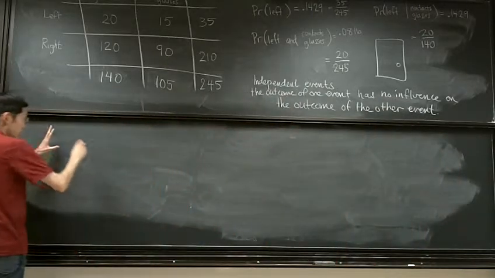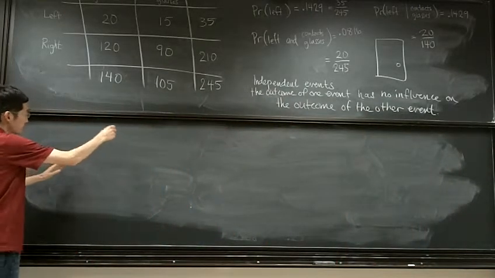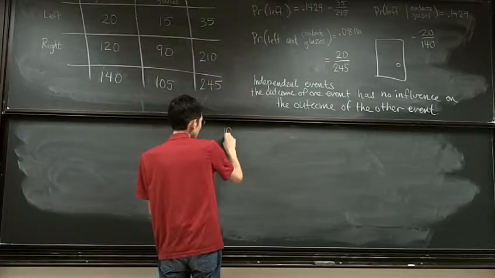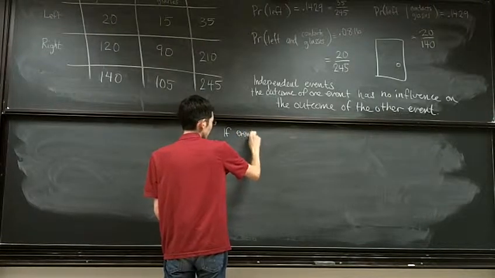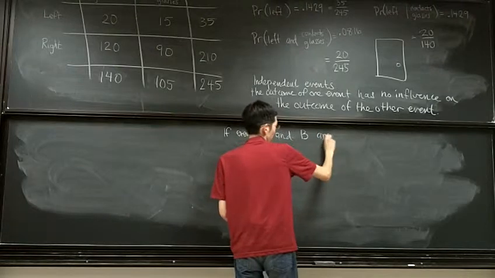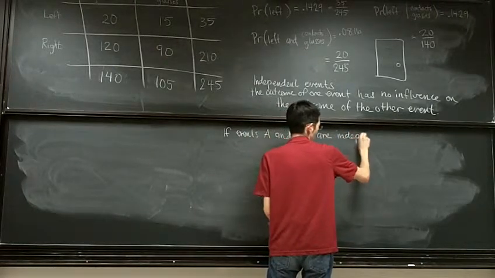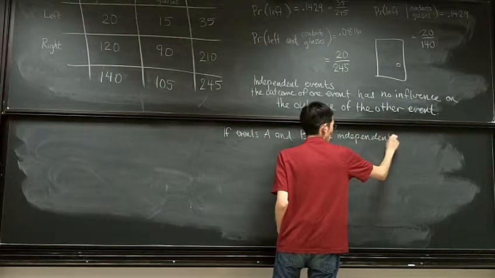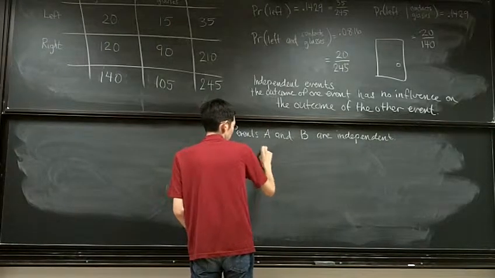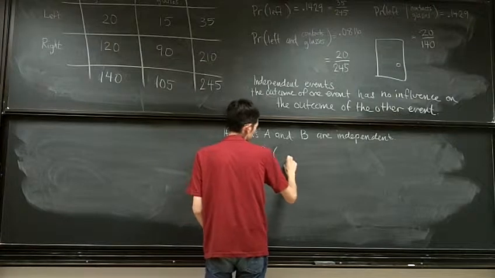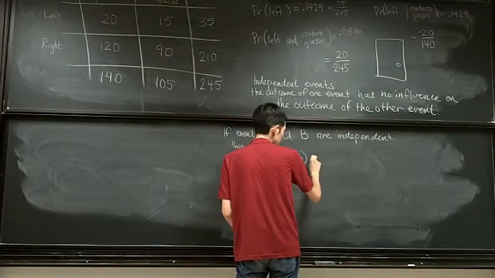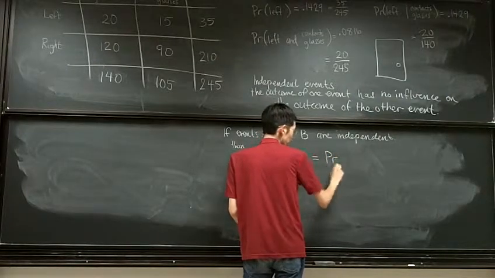Okay. So to formalize this, which we have this here already, okay? If events A and B are independent, then the probability of A given B is equal to the probability of what?